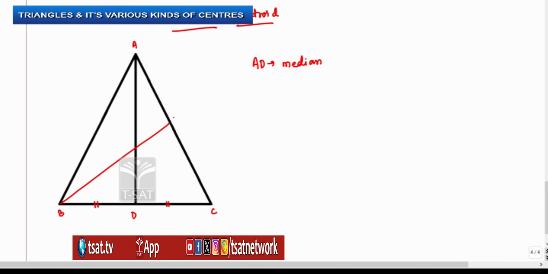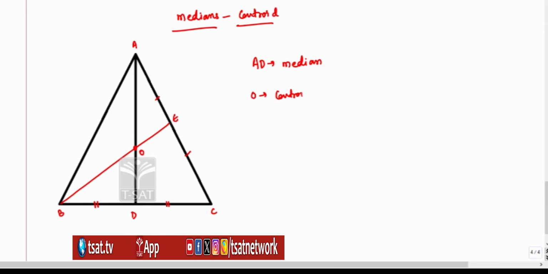If I take BE, it is also a median. This O, the centroid, divides the median in the ratio of 2 is to 1.